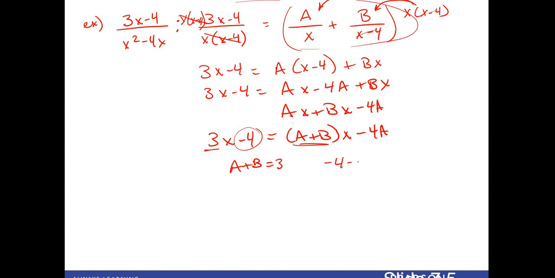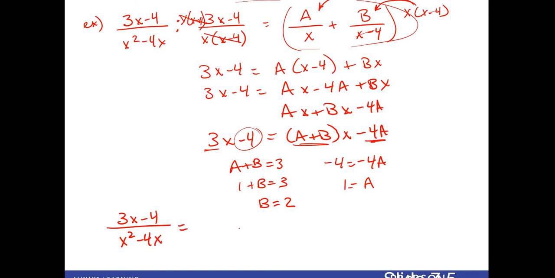So negative 4 has to equal negative 4a. So solving for a first, I get a equals 1. Substituting in, I get 1 plus b equals 3, so b equals 2. Therefore, my original fraction, 3x minus 4 over x squared minus 4x, can be rewritten as a, 1 over x, plus my b, 2 over x minus 4.